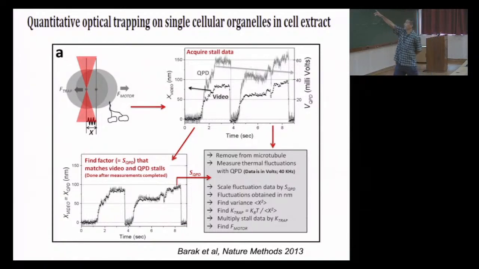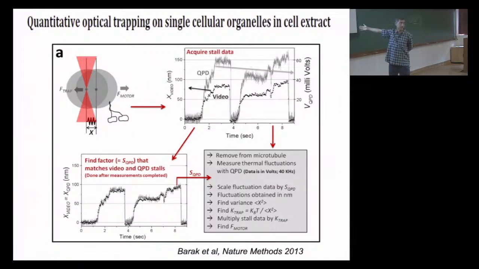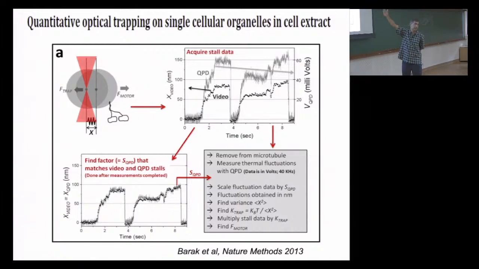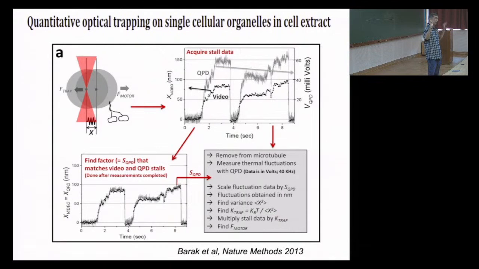Because I can measure that place where it is horizontal. And if I know the trap stiffness, which I will calculate in the next step from the fluctuations, I can go back and recalibrate this and get it. When we did this, we found a force of 6 piconewtons for kinesin, which matches what is known for beads. But that had never been measured in this way on quote unquote real cargoes. A bead is not a real cargo.